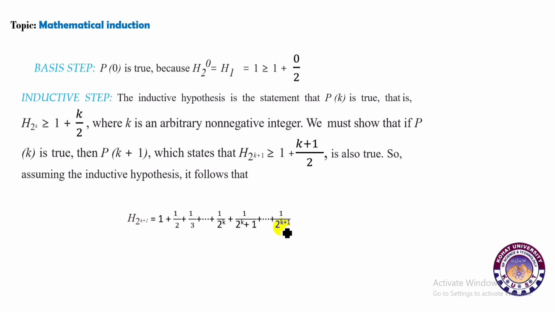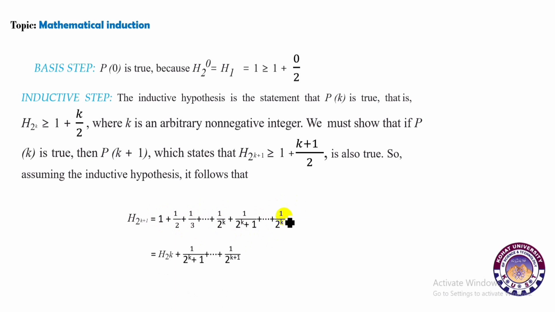But we know that 1 over 2 raised to the power k is included in this summation, as 1 is greater than 1 over 2, 1 over 3 is greater than 1 over 4. Here 1 over 2 raised to the power k is also greater than 1 over 2 raised to the power k plus 1.